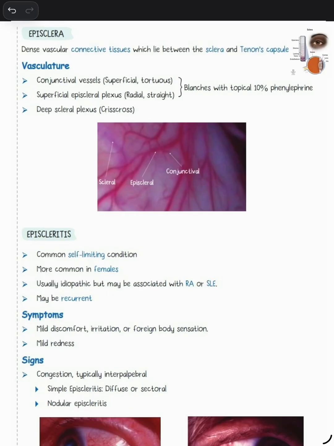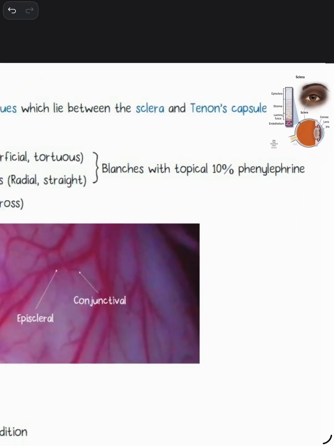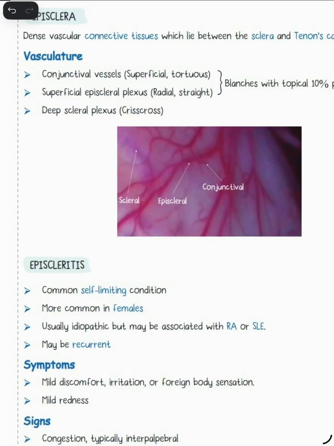Now, what is episclera? It is the dense vascular connective tissue which lies between the sclera and the Tenon's capsule. If we understand the vasculature, it will help us to differentiate between scleritis and episcleritis.